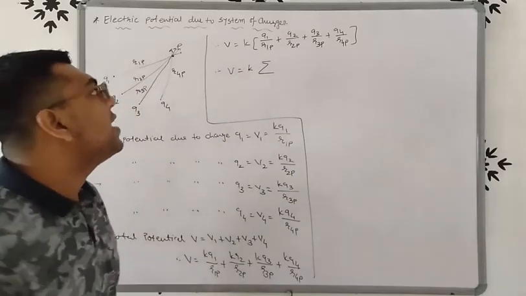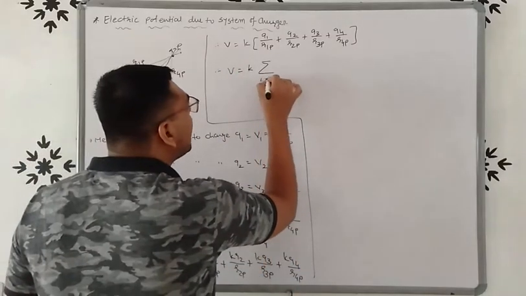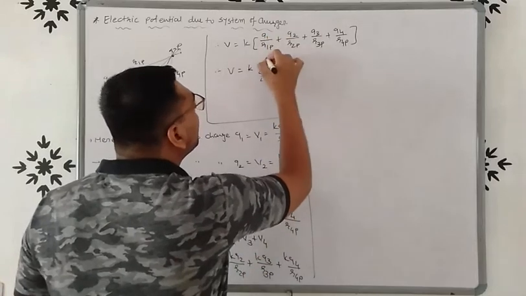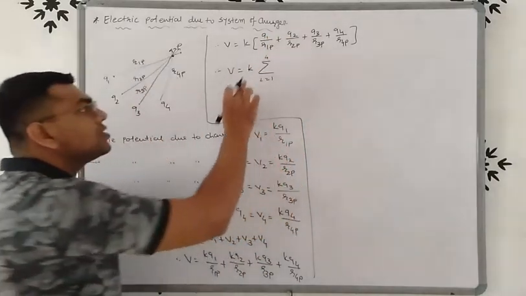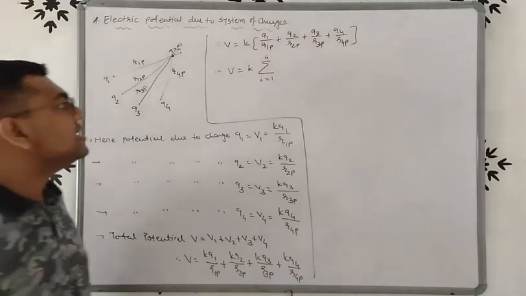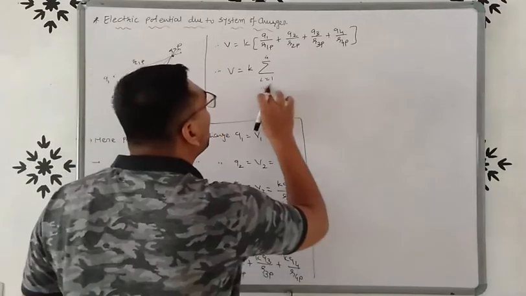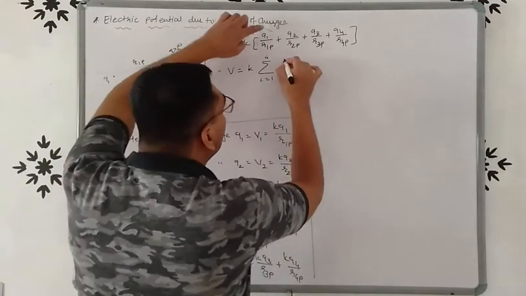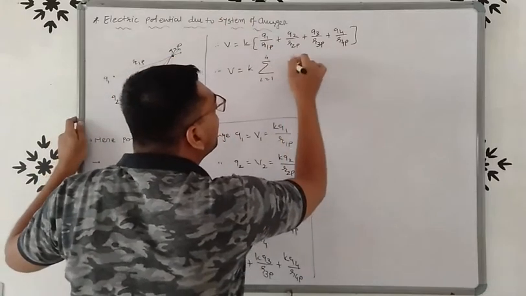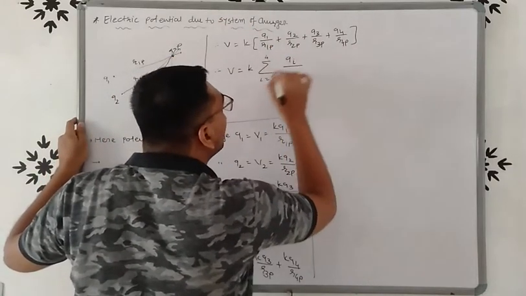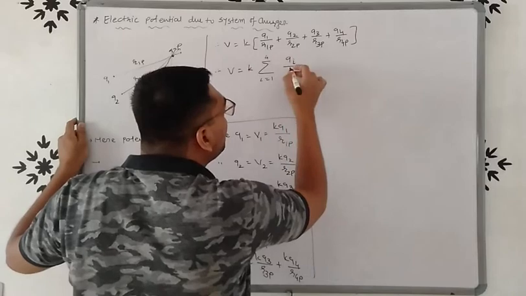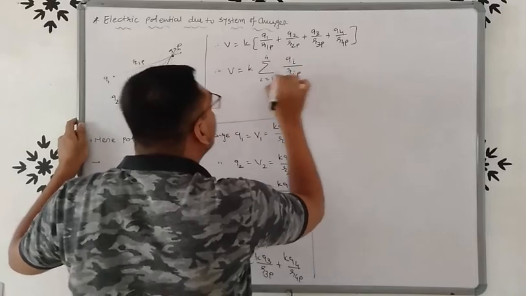So here V is equal to K, for the addition we use sigma. Suppose we define i, where i goes from 1 to 4. So V is equal to K sigma i equal to 1 to 4. Then instead of Q1, Q2, Q3 and Q4, we can write Qi upon RiP.